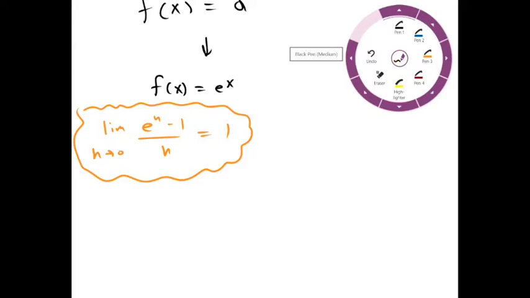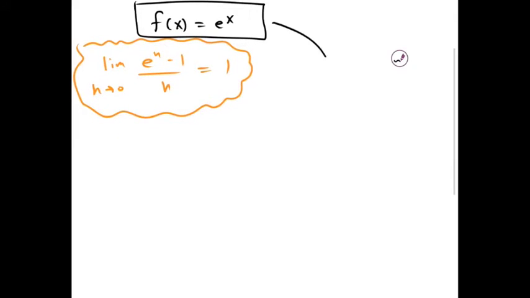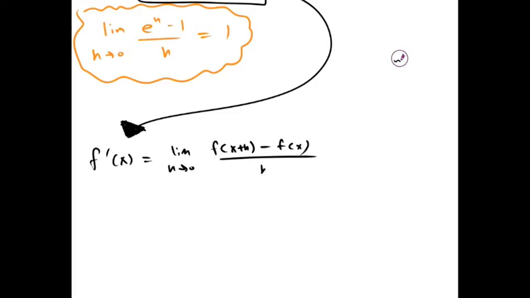So, to find the derivative of f of x here, we're going to use the definition of the derivative, which is the limit as h approaches 0 of f of x plus h minus f of x over h.